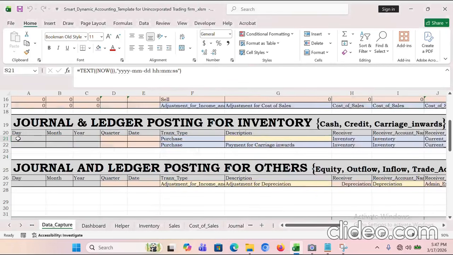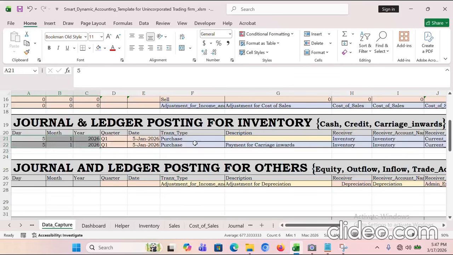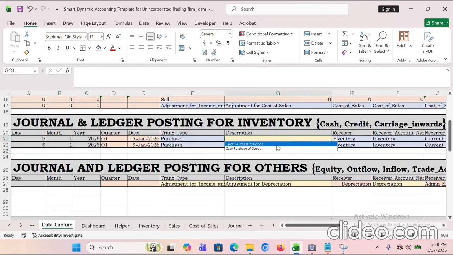So let's assume we made another purchase on the 5th of January 2026. I'll replicate it in row 2 for carriage inwards as well. Then is it cash purchase or credit purchase?